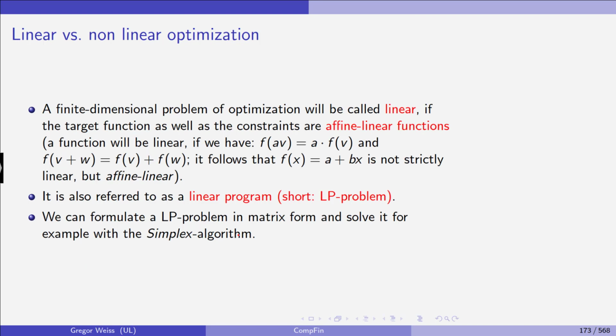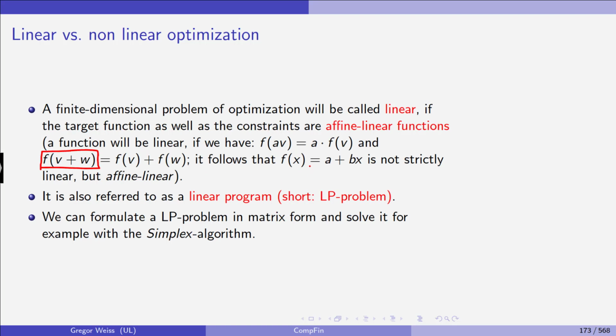Now, a finite dimensional problem of optimization will be called linear if the target function as well as all constraints are affine linear functions. Why is it not called linear, but why should it be called affine linear? Well, in linear algebra, you've probably seen in your math class that a linear function is a function for which it holds that f of a v, with a being a scalar and v being a vector, is a times f of v, and it respects the addition, the sum of two vectors.